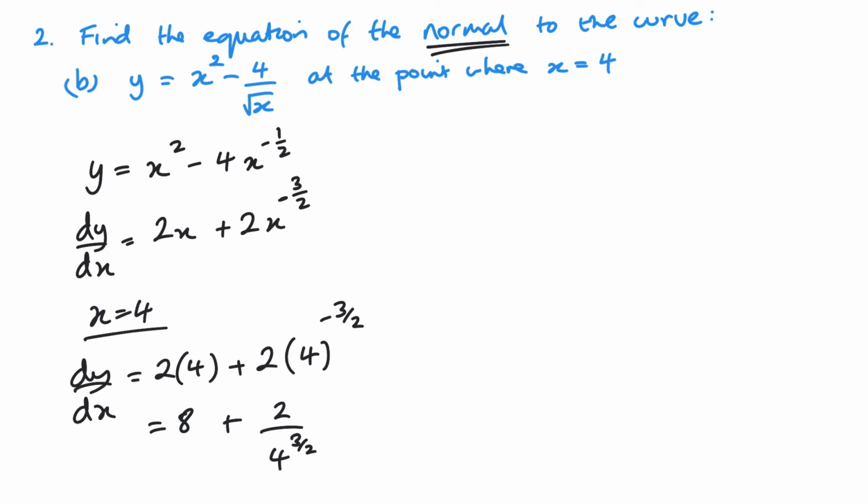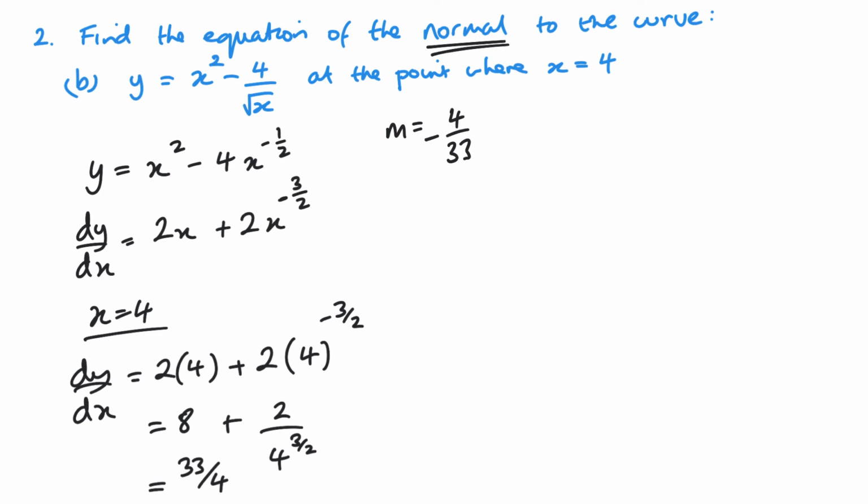So that's going to give me 8, and 2 over 8 is 1/4. So I have 8 plus 1/4, and that is 8 1/4, or 33 over 4. Now that's the gradient of the tangent, so the normal gradient will be 1 over that, so flip the fraction and change the sign.